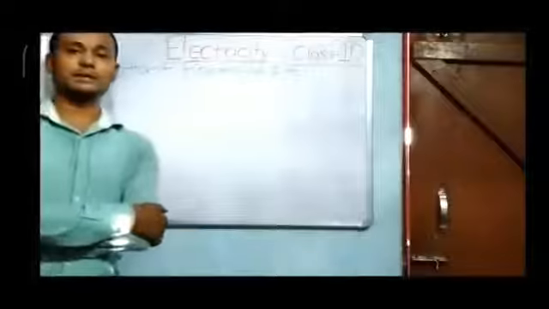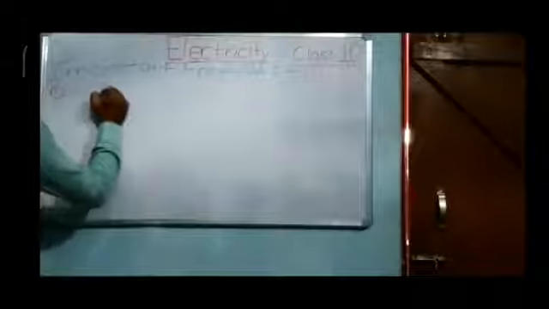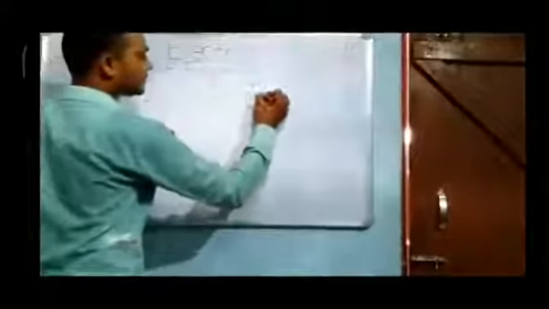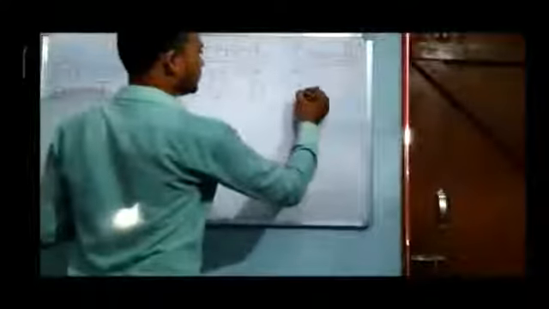The first formula we got is I equals Q upon T, or Q equals IT, or T equals Q upon I.